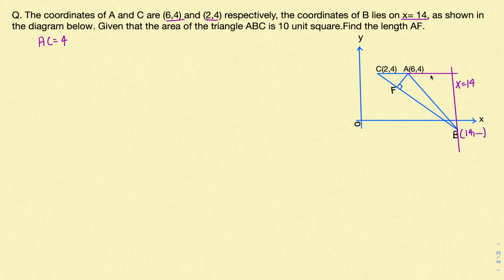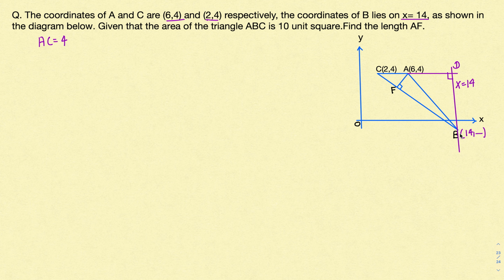So here we need to extend the base. Let's say that this meets at D, so this is perpendicular. BD is going to be the height of ABC if we take AC as the base.